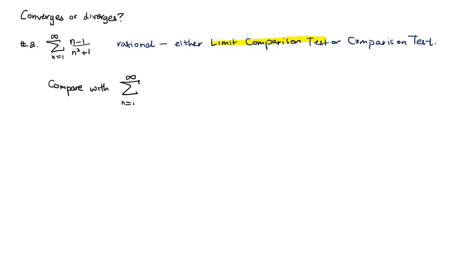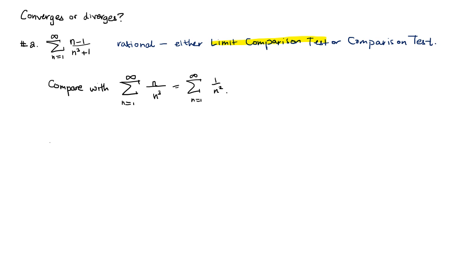So if we look at the numerator, the important part of the numerator as n goes to infinity is the n. The -1 is a small piece. If we look at the denominator, we have n cubed plus 1. So we're going to throw out the plus 1 part. So we're going to be comparing with the convergent series 1 over n squared.